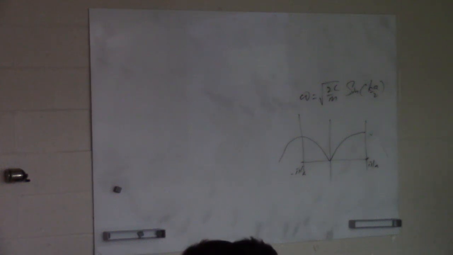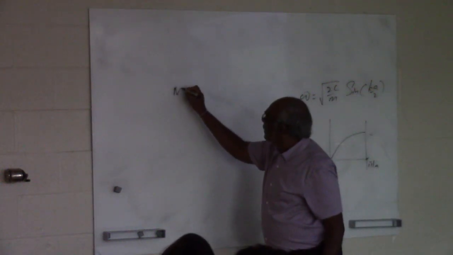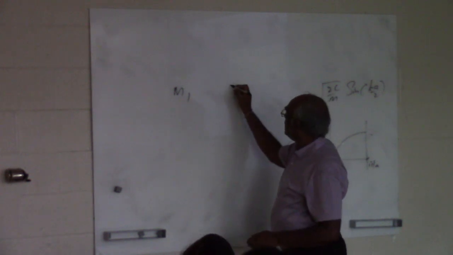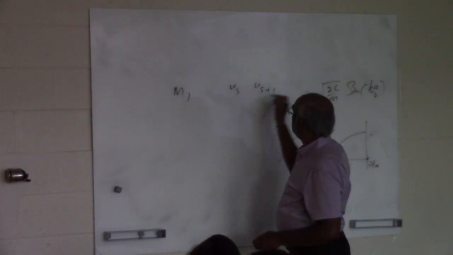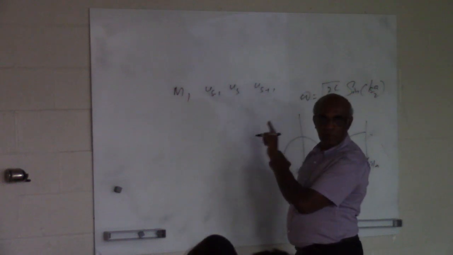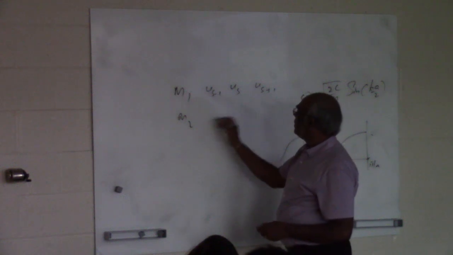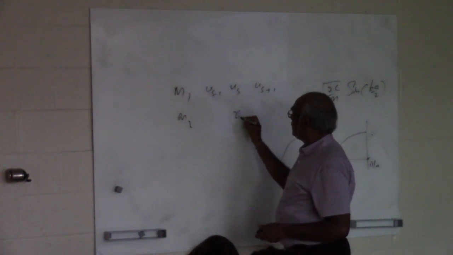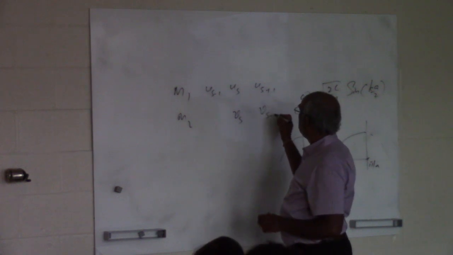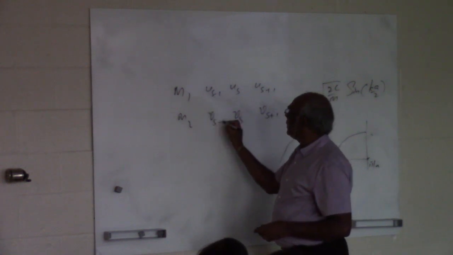Suppose this one is moving by displacement, say, u_s. So for the M1 particle, I will write the displacement as u_s, u_(s+1), u_(s-1) like that. The M2 particle, they are moving by, say, the s particle is moving by v_s, this one is moving by v_(s+1), this is moving by v_(s-1).